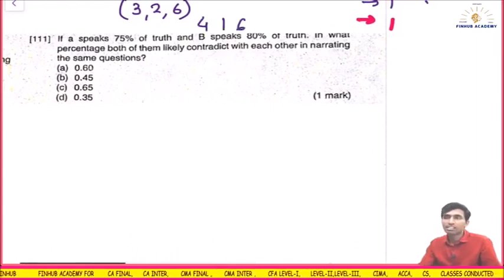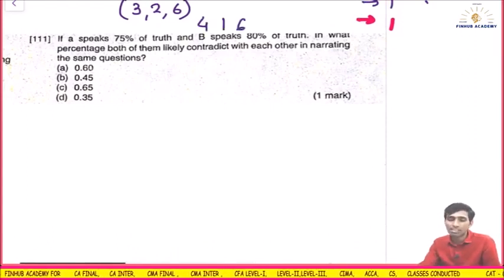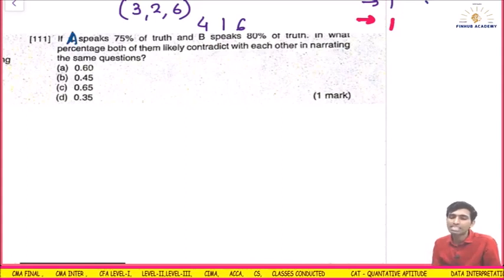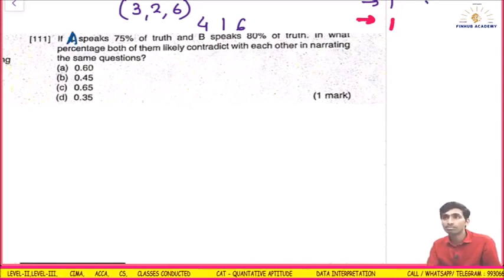If A speaks 75% of the truth and B speaks 80% of the truth, what is the percentage that both of them likely contradict each other? Likely contradict means what? Both are contradicted.